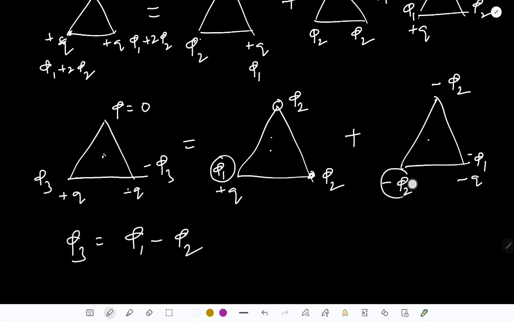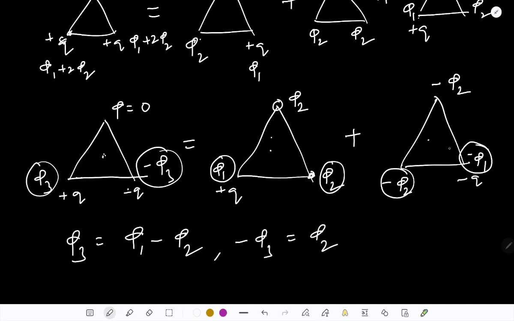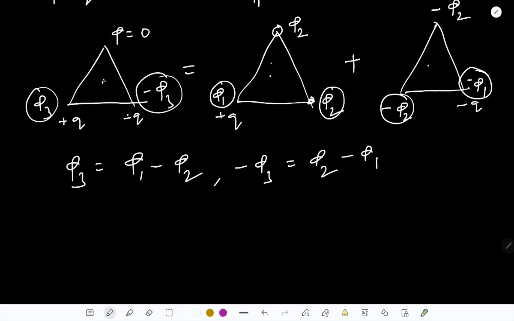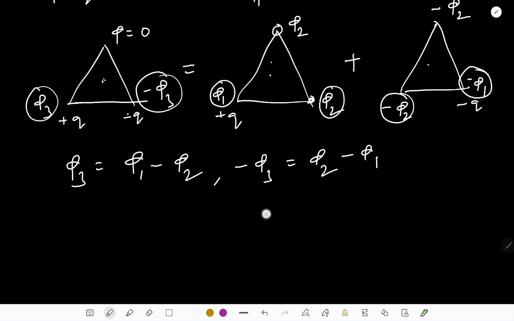And for phi 2, because we are looking for phi 2, we can compare the potential at this position, and you can write minus phi 3 equals phi 2 minus phi 1. In that case you will get phi 2 equals phi 1 minus phi 3, and we already have the values of phi 1 and phi 3.